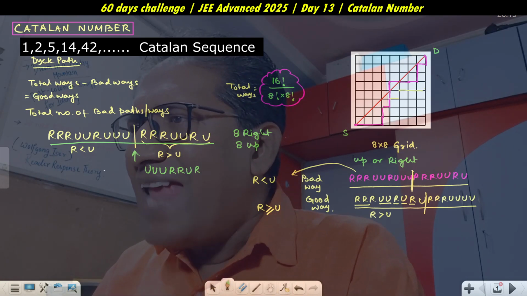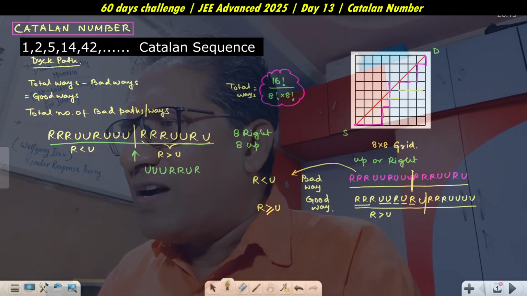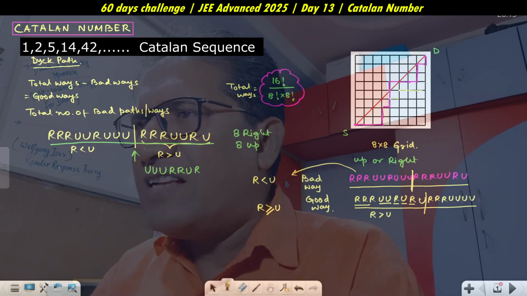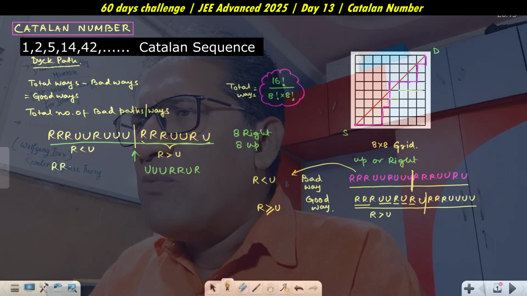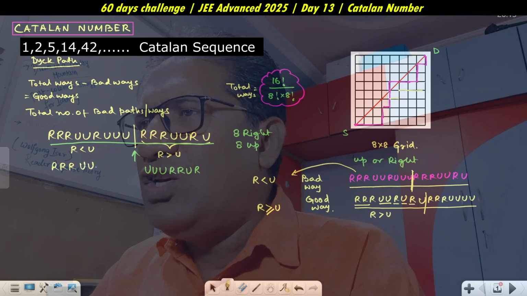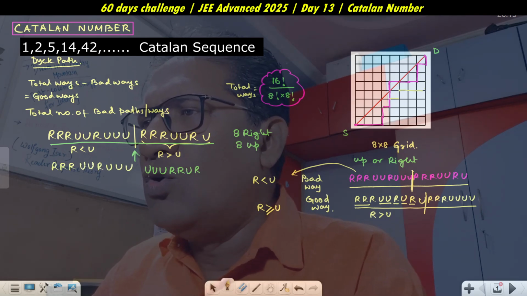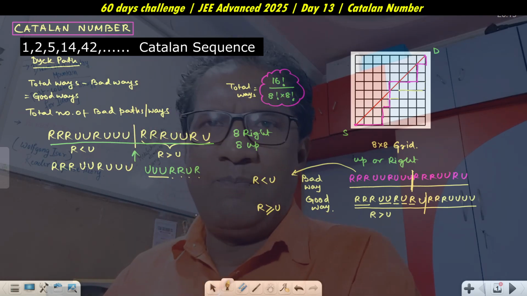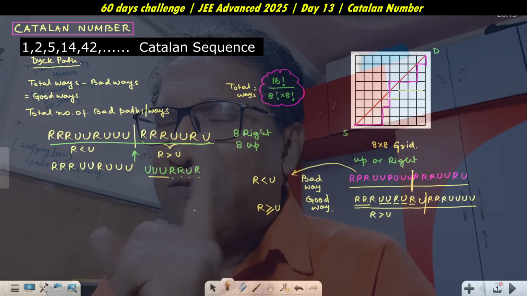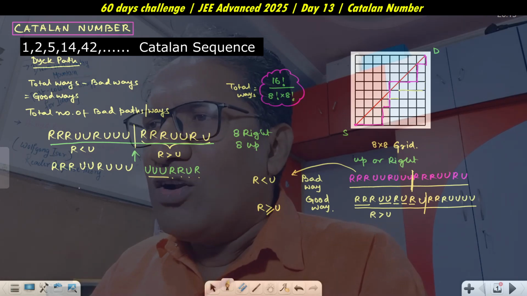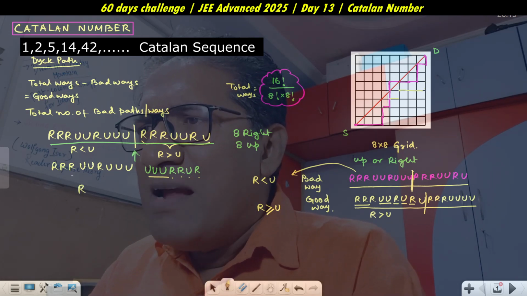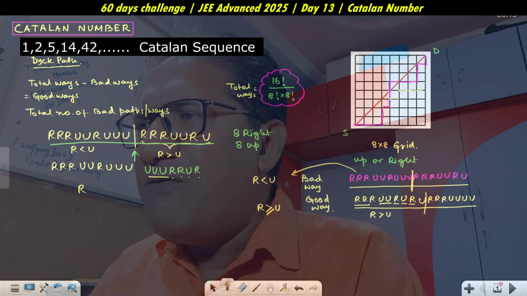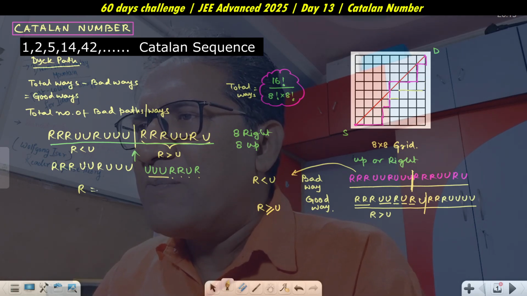Now, in the second case, what have we considered? Our movement is R, R, R, U, U, R, U, U, U, U, U, R, R, U, R. In this case, you observe carefully, how many right movements are there? 3, 4, 5, 6, 7.